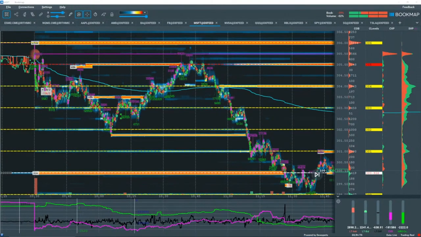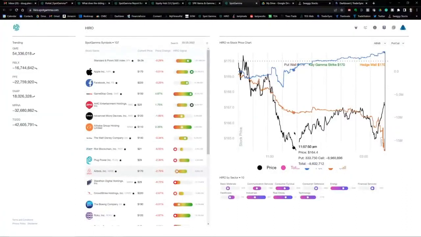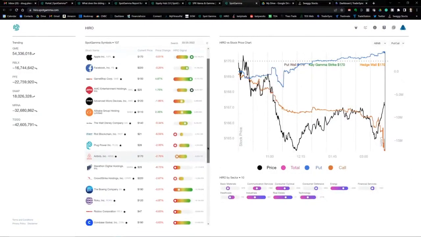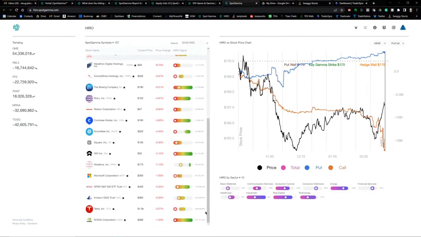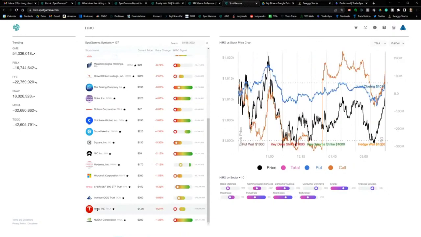Well, the typical cycle. Let's take a look at Tesla, for example. That's one stock that has really been heavily influenced by options trading this week. The typical cycle is that on Monday, traders will start buying calls.